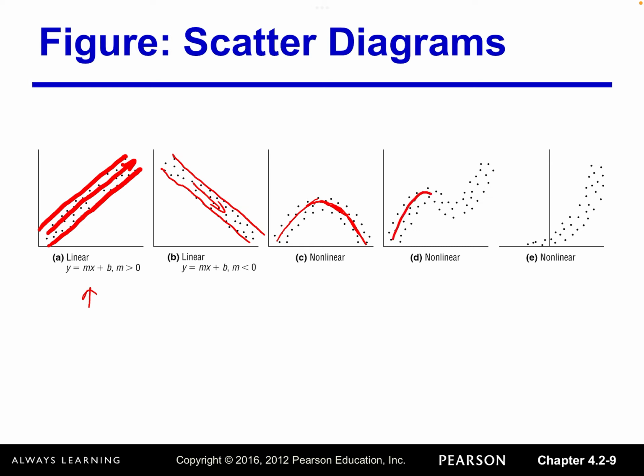And then with the tails, with the curves, this one obviously is not a line, right? It's a curve. So this is nonlinear data. And this one also has a curve, right? Nonlinear data. This scattered data diagram is more like exponential data.